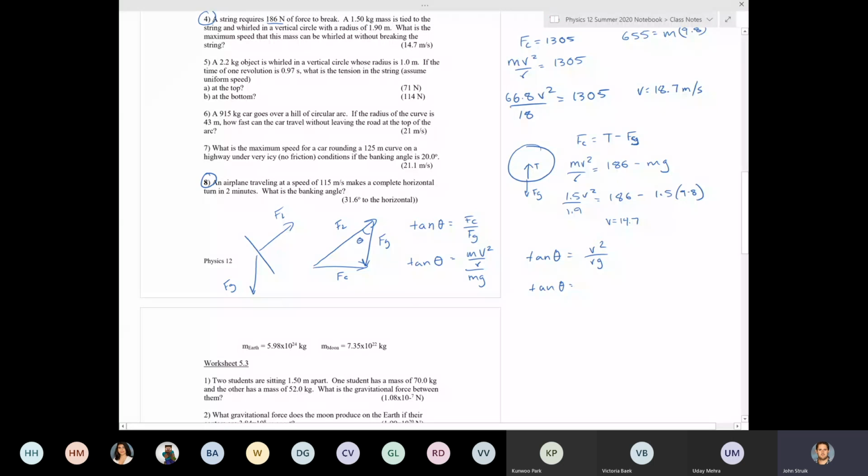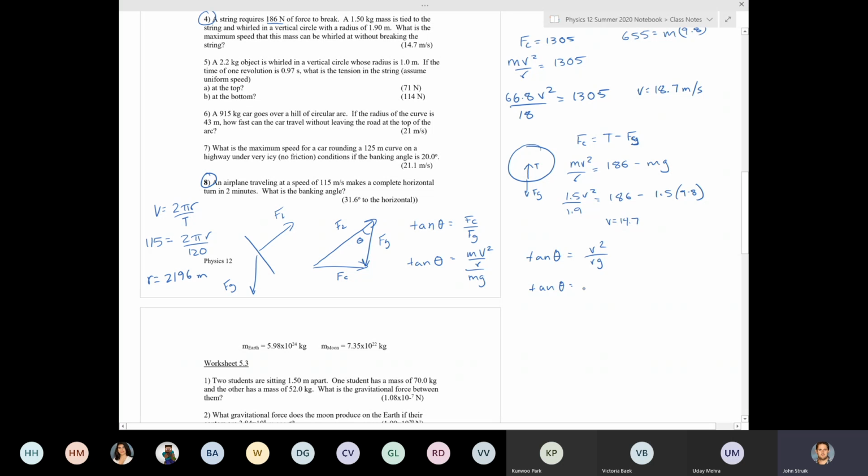Okay, so to find r, we're going to go v equals 2 pi r over t. So 115 equals 2 times pi times r over 120. Right, that makes sense. So 115 times 120 divided by 2 pi, so r is 2,196 meters.